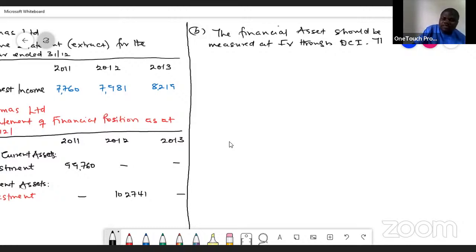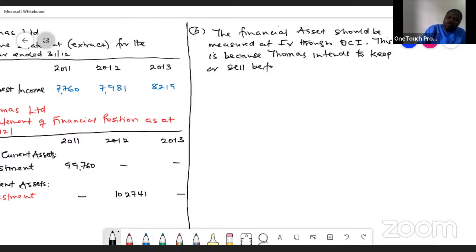This is because the entity, this is because Thomas intends to keep or sell before redemption date.